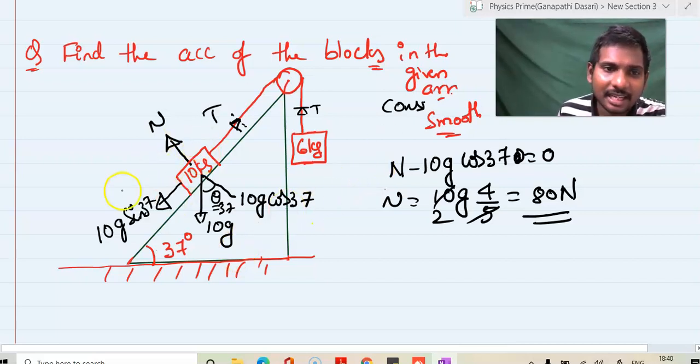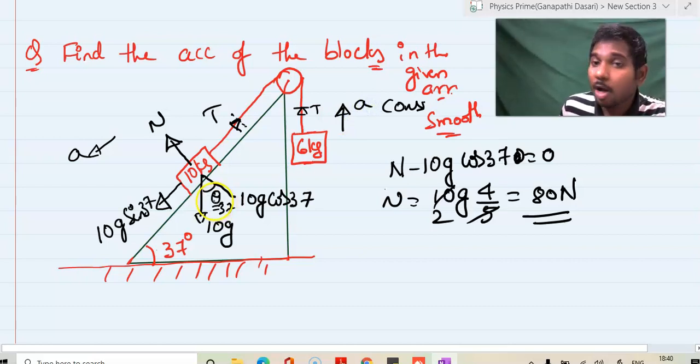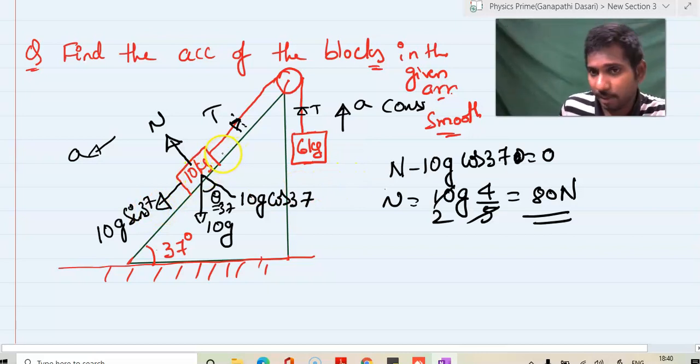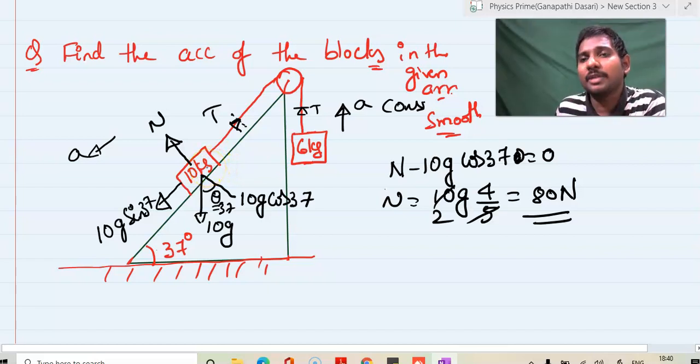Then along the inclined plane, 10g sin 37, if I consider this 10 kg block going downwards with an acceleration a, the 6 kg block will go upwards with an acceleration a. Or you might ask me, sir, why can't we consider the 6 kg block going down and the 10 kg block going up? Yes, you might consider. But whatever direction you have taken, if it is wrong, your answer will come out negative.